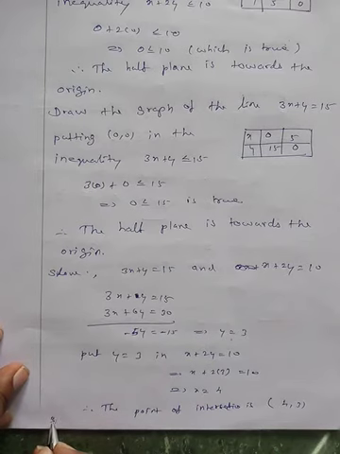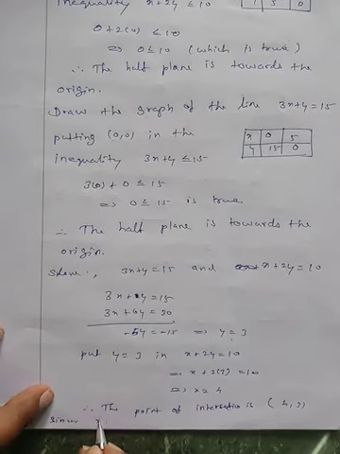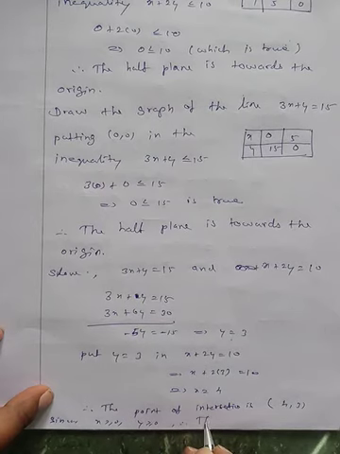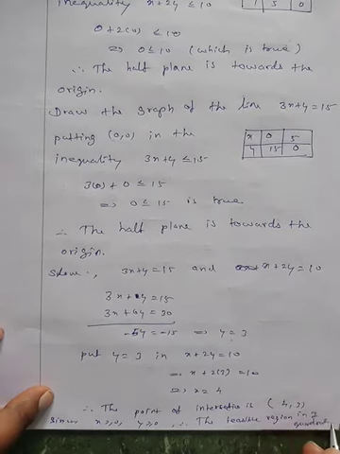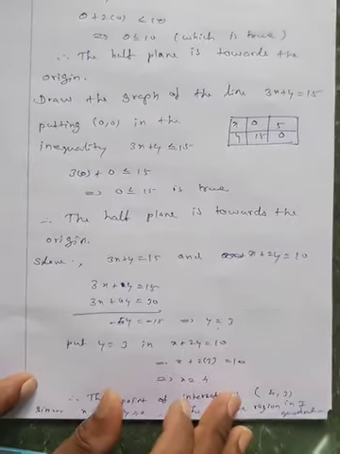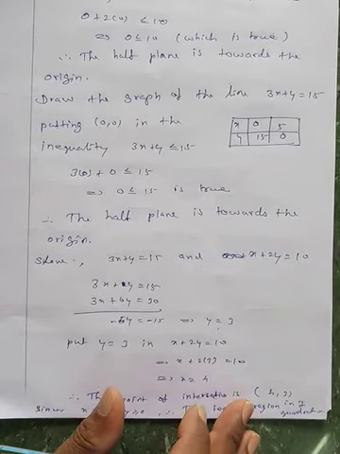Also, since x greater than or equal to 0 and y greater than or equal to 0, the feasible region lies in the first quadrant only.